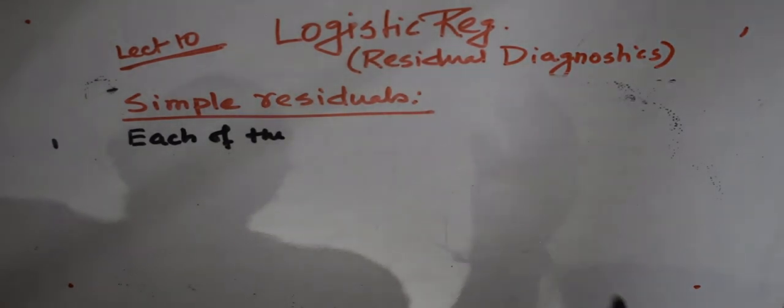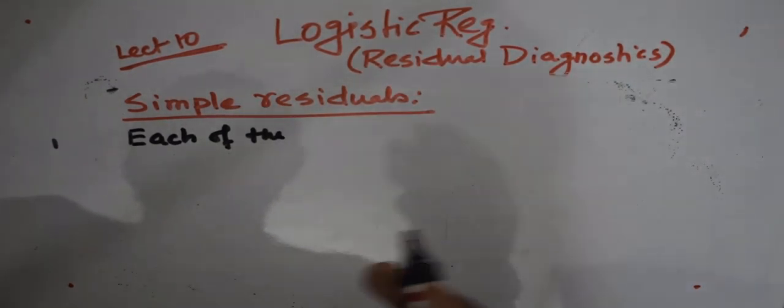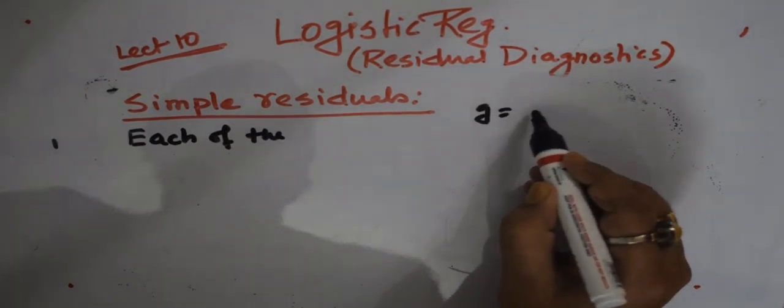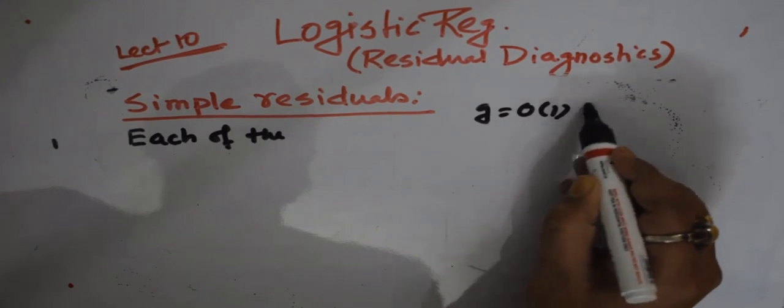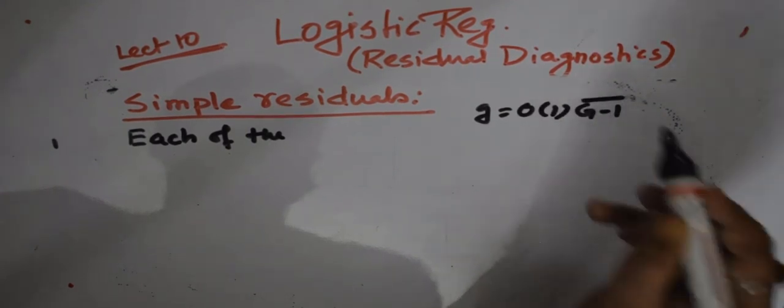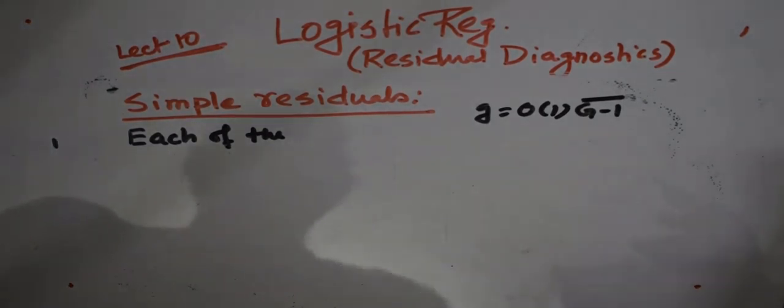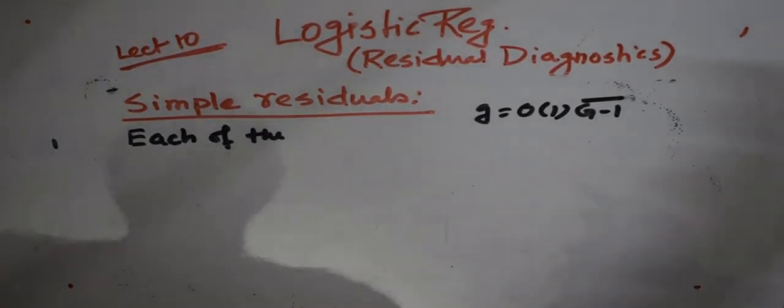If there are more than two values, then small g varies from 0, 1 to capital G minus 1 if I take capital G values.